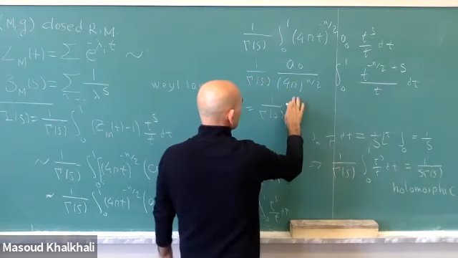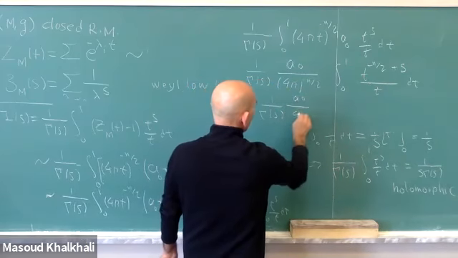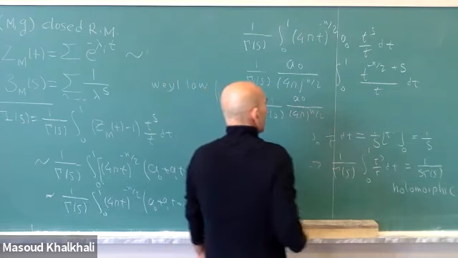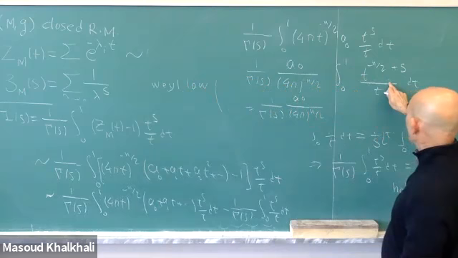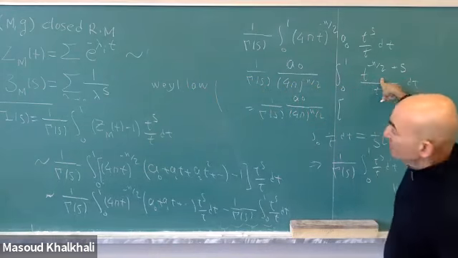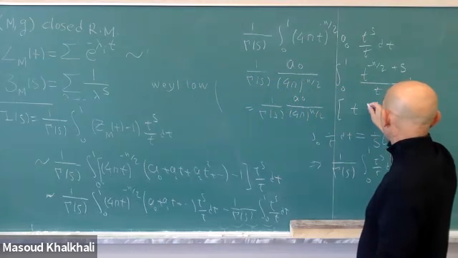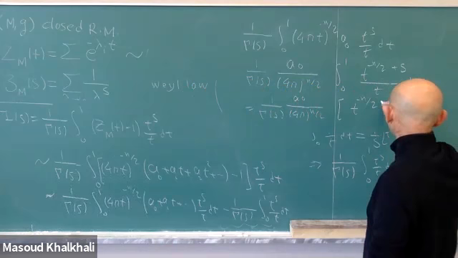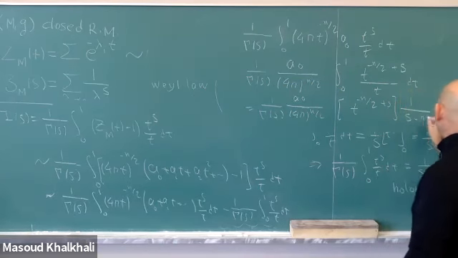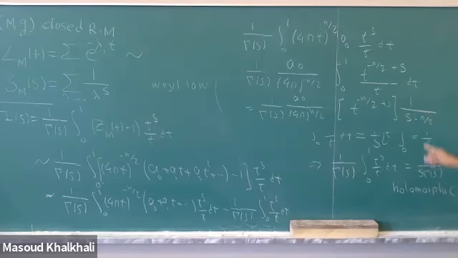So this is a0, 4 pi, n over 2. If you look at this, what is this function? The antiderivative is t to the power minus n over 2 plus s times 1 over s minus n over 2, right?